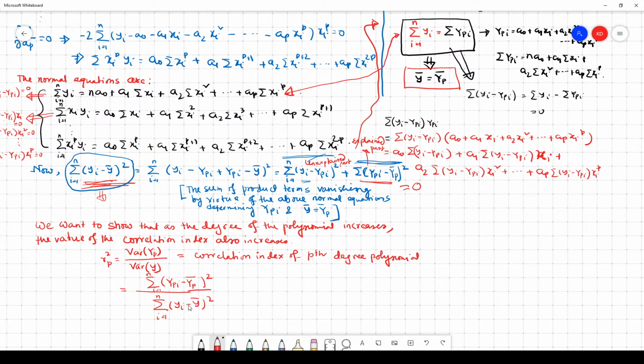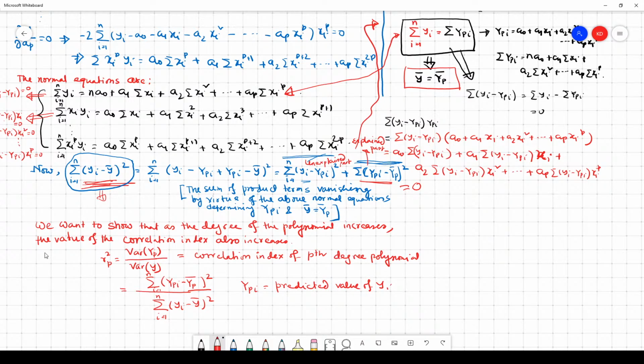Okay, so this is the correlation index, and capital Ypi is the predicted value of small yi.